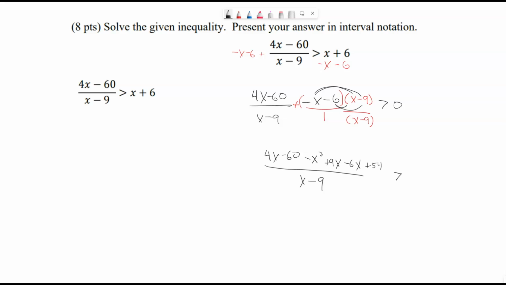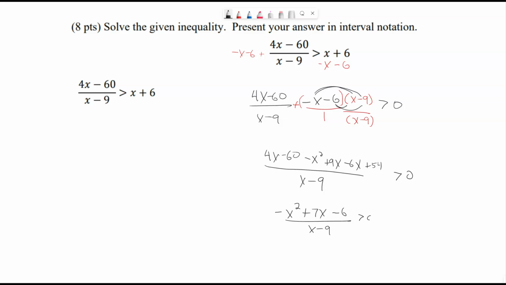All of this greater than 0. Okay, combining all of that, simplifying, we have negative x squared. 9x and 4x is 13x minus 6x is plus 7x. And negative 60 plus 54 is minus 6 all over x minus 9.